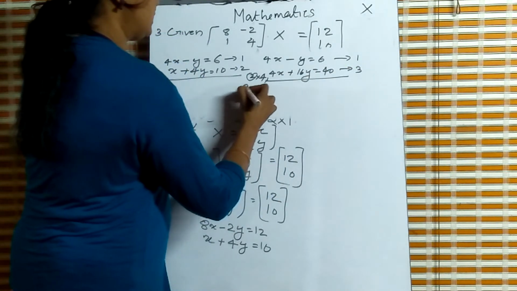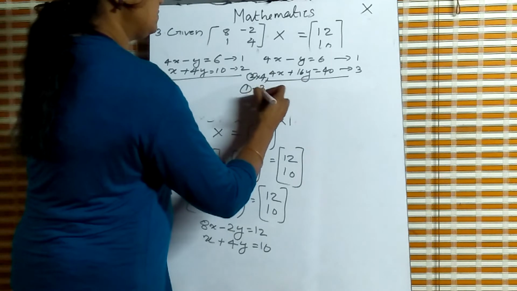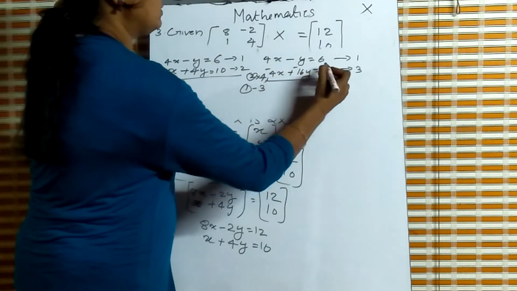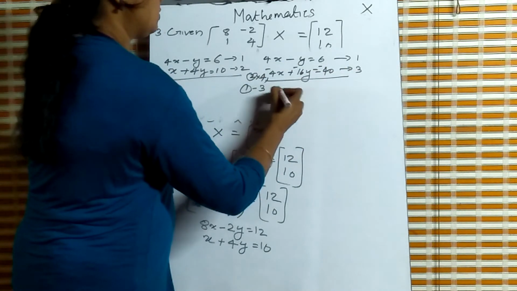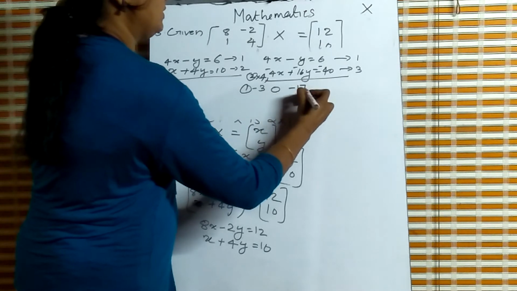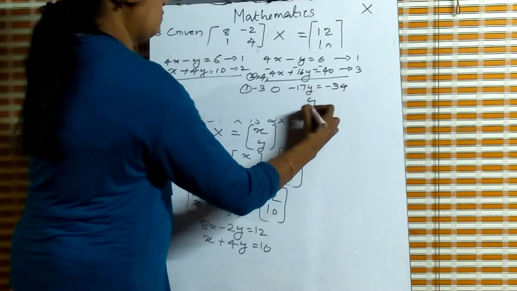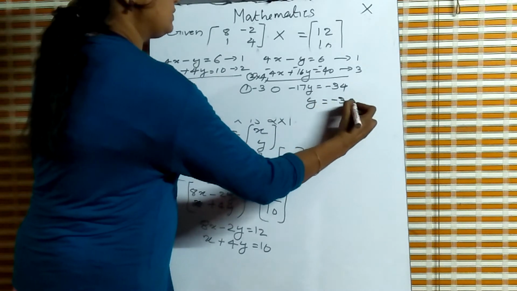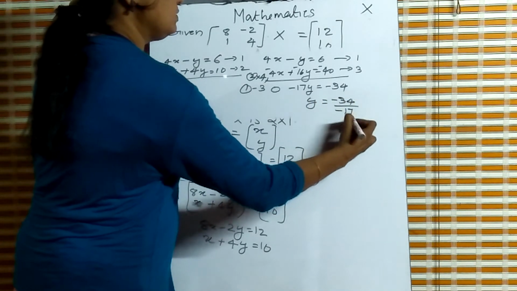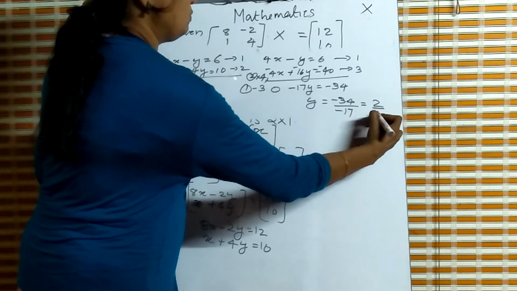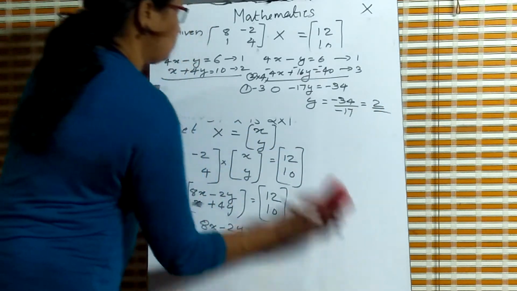Then 1 minus 3. 4x minus 4x is 0. Minus 17y is equal to minus 34. y is equal to minus 34 by minus 17, which is equal to 2.